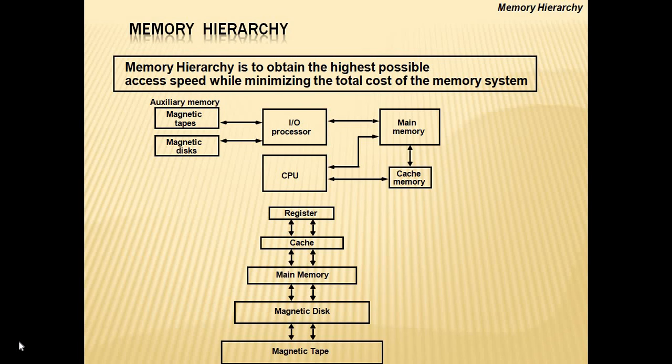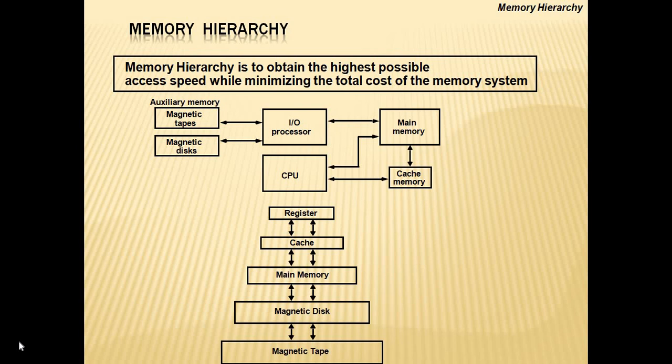Cache memory is employed in computer systems to compensate for the speed difference between main memory access time and the processor logic. The CPU logic is usually faster than main memory access time, with the result that processing speed is limited primarily by the speed of the main memory.